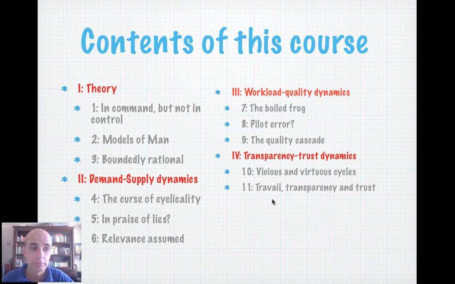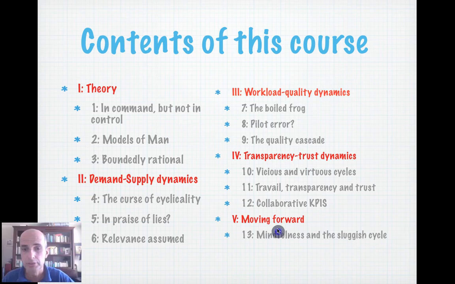And they also managed to reverse their fighting relationship. And Collaborative KPIs is from a case study of KPN and its IT outsourcing partner Atos Origin, and how they got into a fight and how they also managed to get out of there. And then there is a closing chapter on how to move forward. And that's the contents of this course.